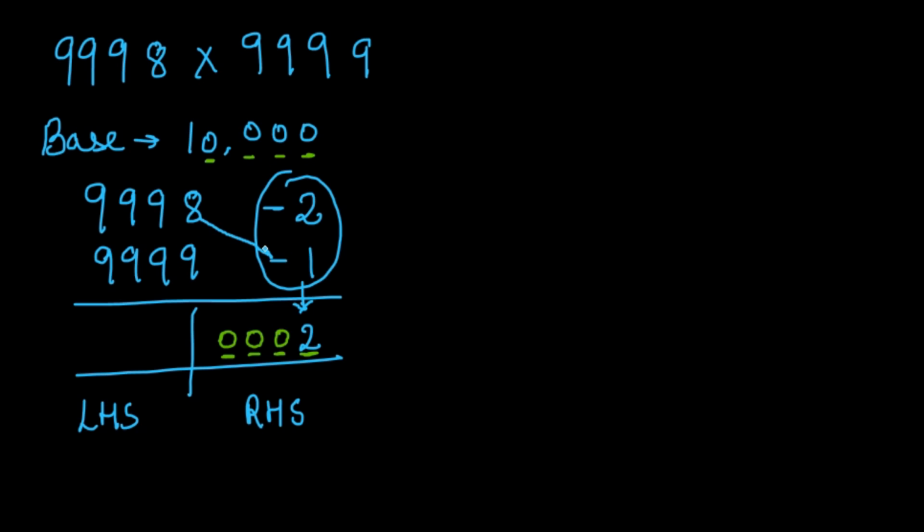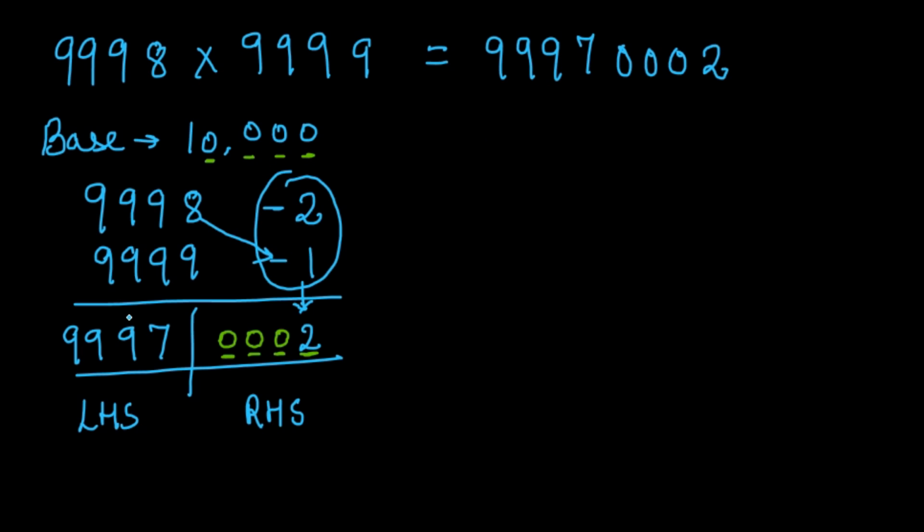So 9998 minus 1 gives you 9997. The same you will see if you subtract 9999 minus 2, you still get 9997. So the product of this is 99970002.